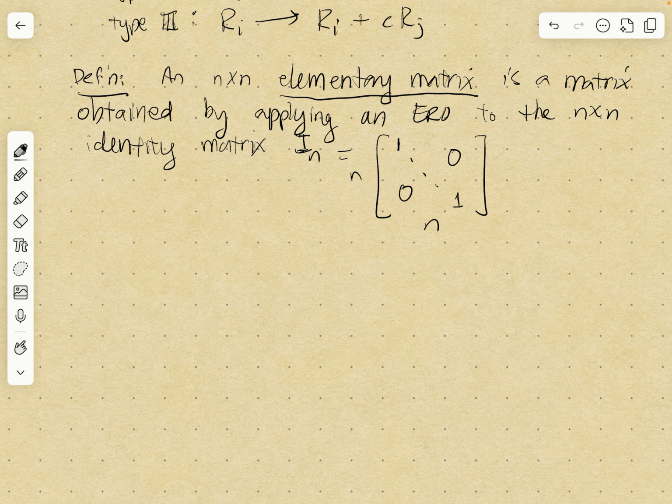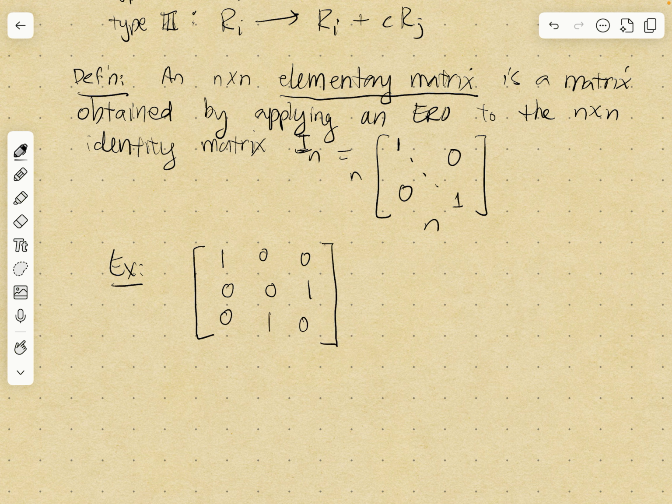So let's say that you take the 3 by 3 identity matrix and then you swap rows 2 and 3. Well, what you're going to get is the first row stays the same, and then you swap rows 2 and 3, so your row 2 is now the original row 3, and then your row 3 is the original row 2.